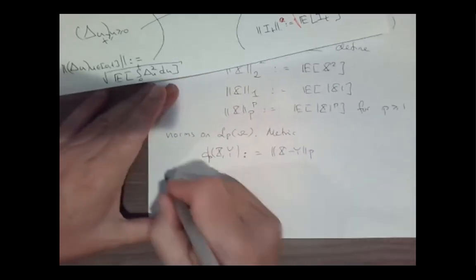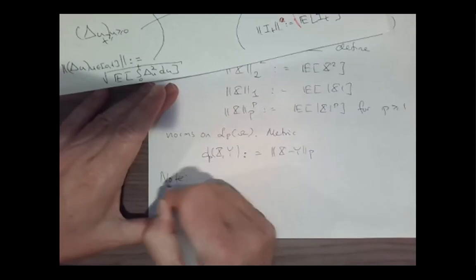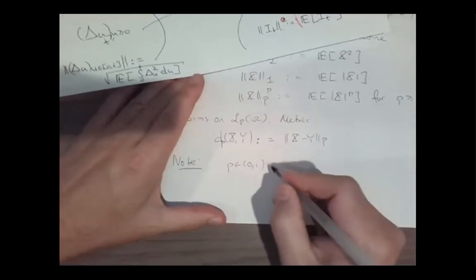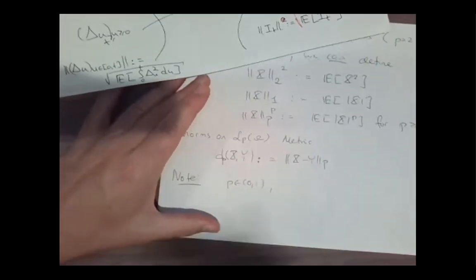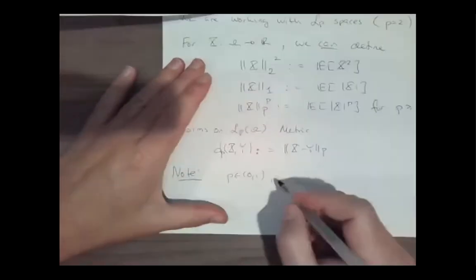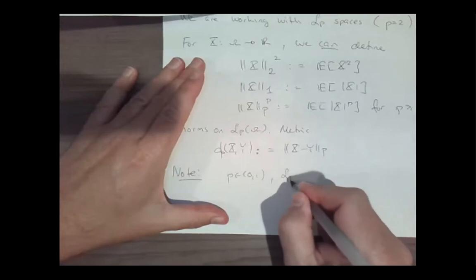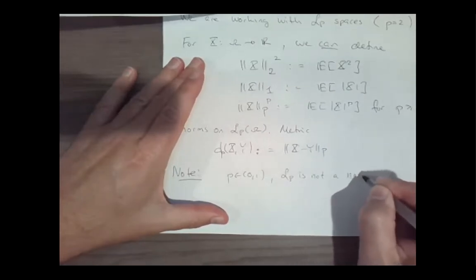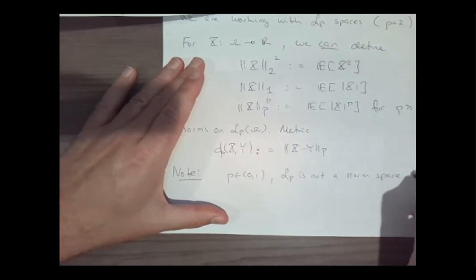So just some things to note. When p, for example, is between 0 and 1, L^p is not a normed space, but there is a metric.